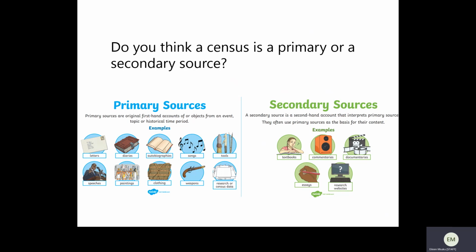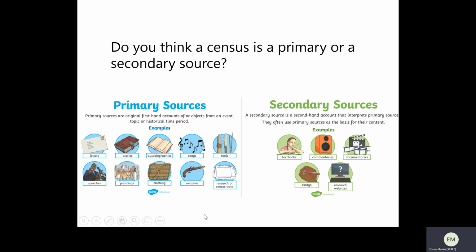And I want you to think, do you think a census is a primary or a secondary source? So in your last lesson, we were looking at primary sources and secondary sources. So a primary source is an original first-hand account or an object from an event or a topic or historical time period. The first-hand thing. Do you think it's a first-hand thing, or do you think it's a secondary resource, like an account that interprets primary sources?